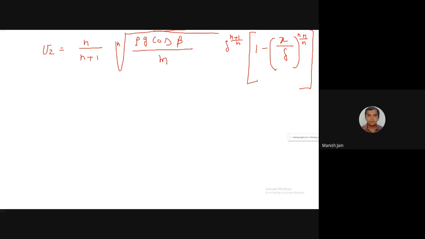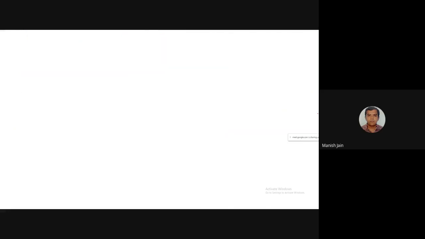So when you substitute the boundary condition, you will get the final velocity. Okay, so this is the application of power law for the falling film problem.